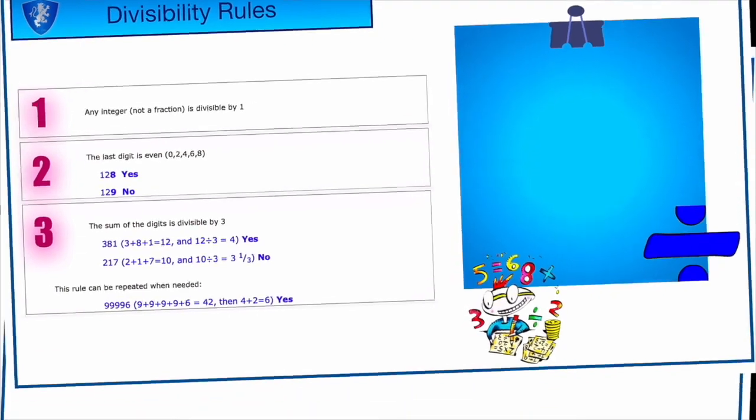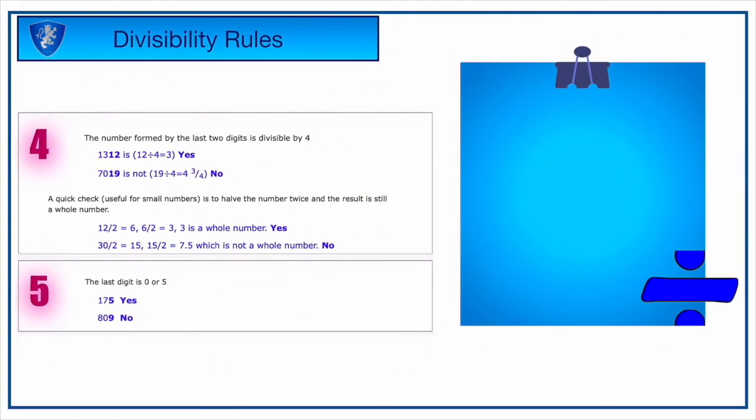Now let's look at 4. The test of divisibility for 4 is that you look at the number formed by the last 2 digits. So if you look at 1312, the number formed by the last 2 digits is 12, and 12 you can divide by 4. So yes, we'll say yes to this number.